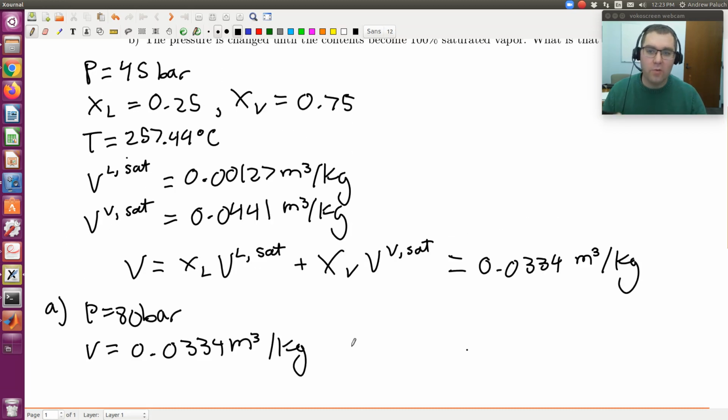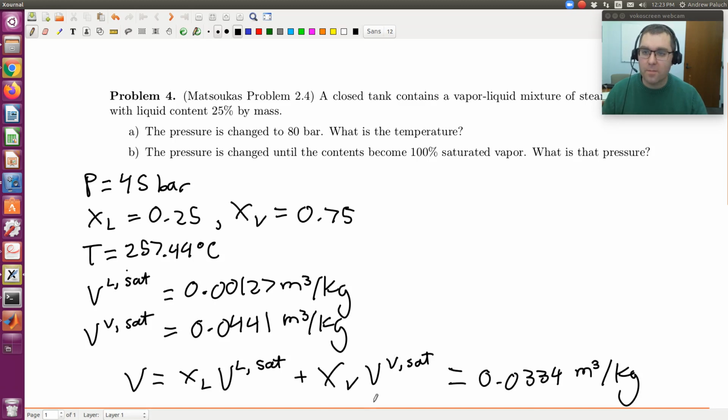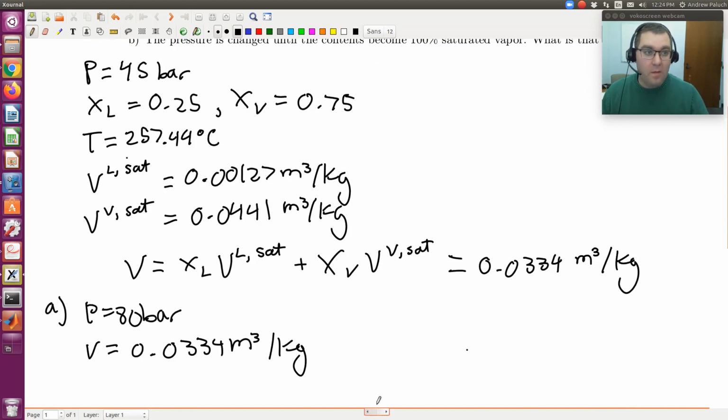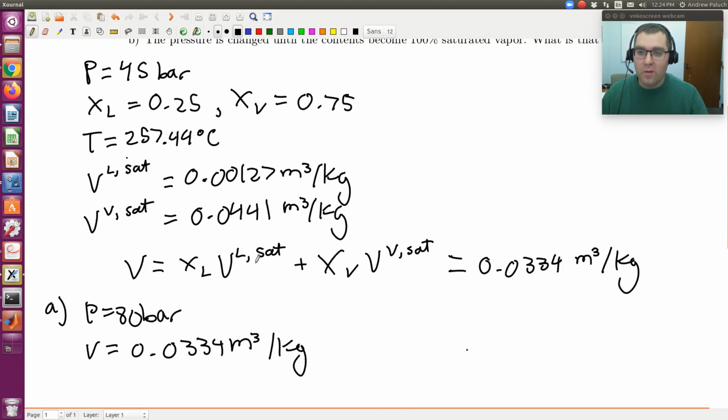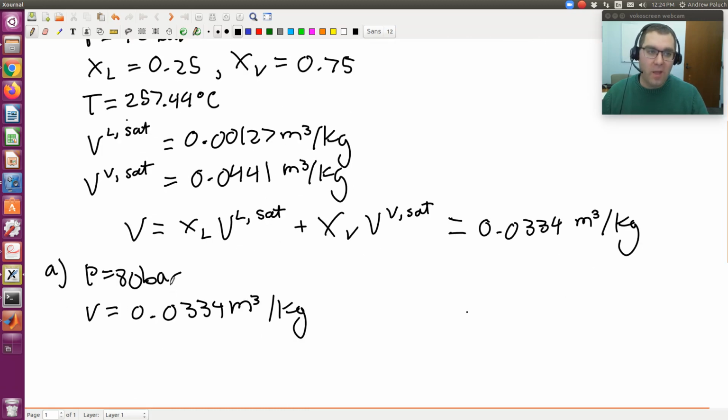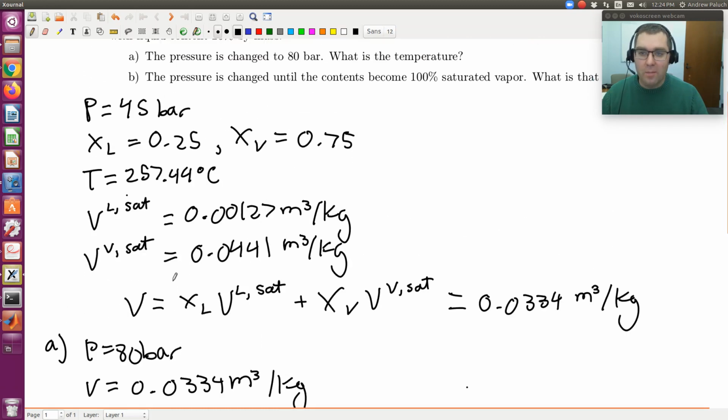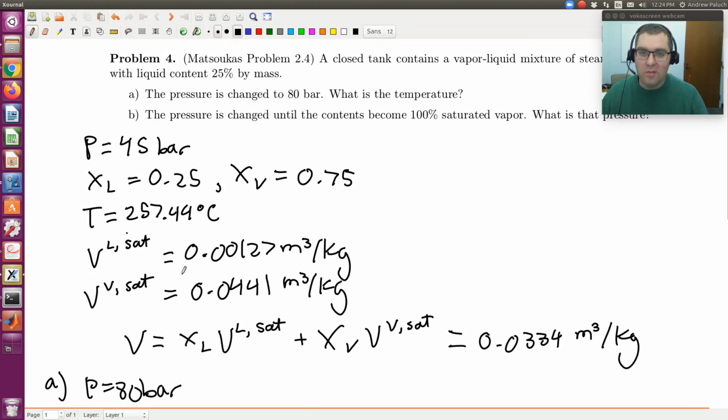And so now I want to determine what the phase is, and then once I know the phase, I can determine the temperature. All this is just, we need to make some sort of assumption. Based on what we're given in A, the pressure is changing, so that's not fixed. Obviously, the temperature is changing because we're asked what the new temperature is. I could assume I have two-phase equilibrium, but we're not told that we have two-phase coexistence at 80 bar.